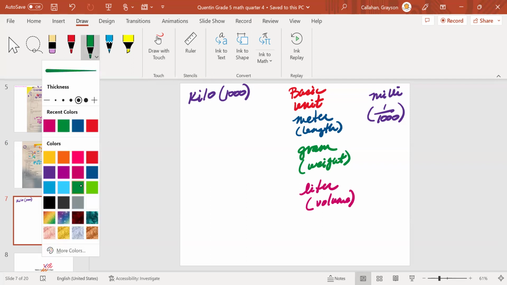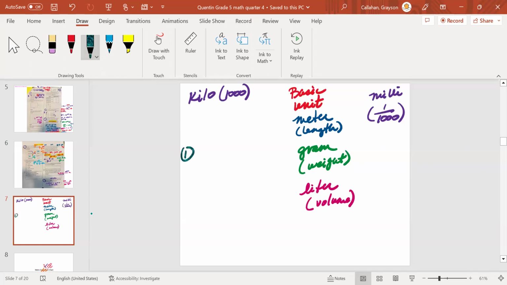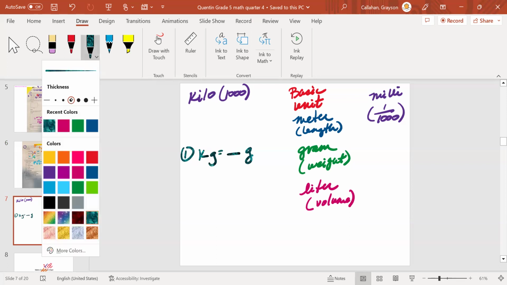Okay, I'm going to give you a few examples here. Example number 1. If you're going from kilograms to grams, which direction do you move?